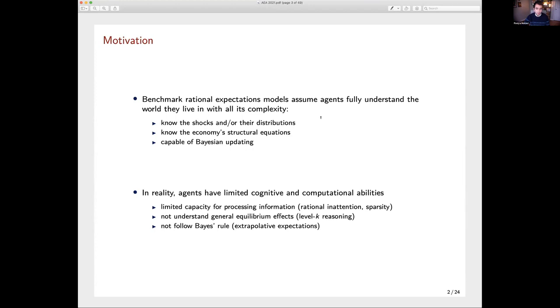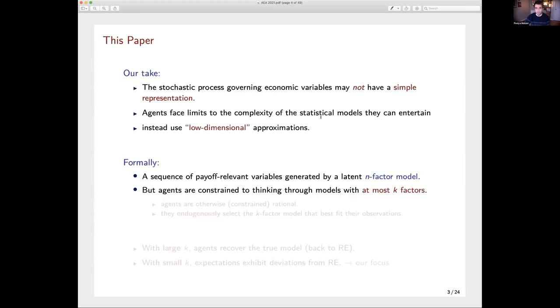Okay, so in this paper, we're going to start from a different premise. We're going to start with the assumption that the stochastic process that governs the payoff relevant variables may be a complex object that does not have a simple parametric representation. So this is kind of in the spirit of this old idea that the world is complicated, and as a result, we need to rely on simple models of the world in order to be able to make sense of it.